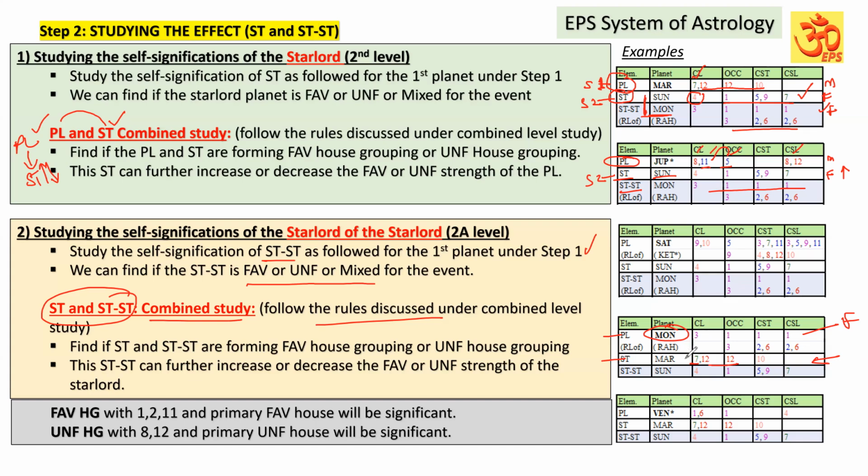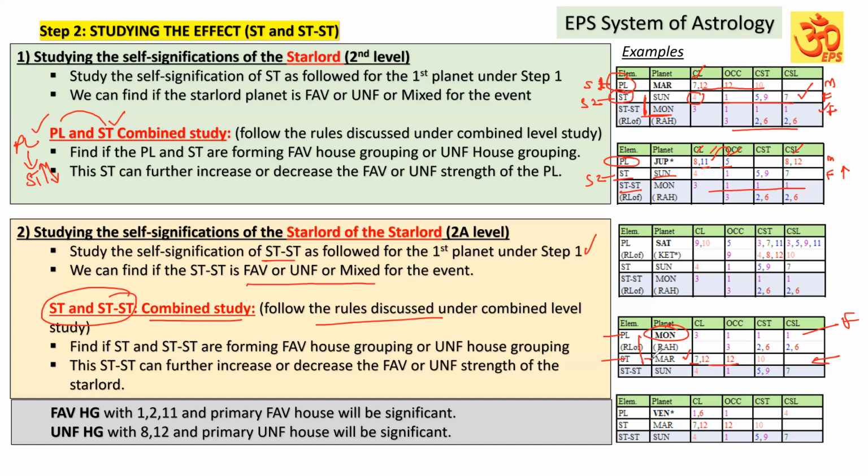Favorable and Starlord of the planet is unfavorable or mixed, we can say. The favorable strength is not strongly supported by the Starlord, though 7th house is present, but these favorable houses are getting reduced by the Starlord. So that way the planet and Starlord's combined study, favorable strength is reduced.